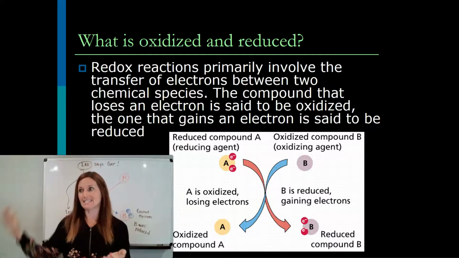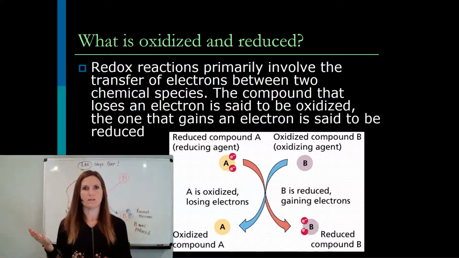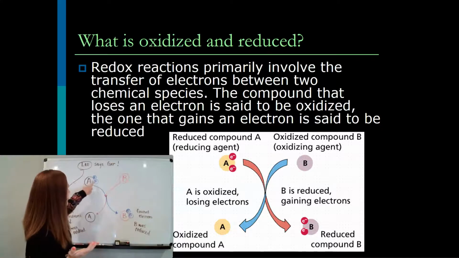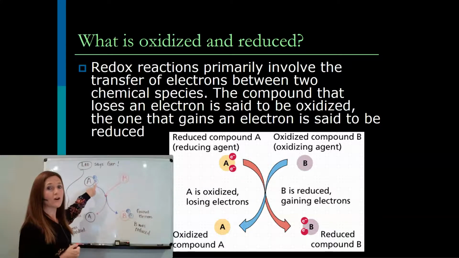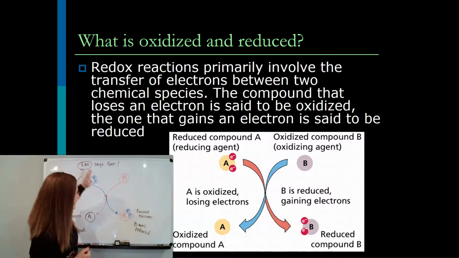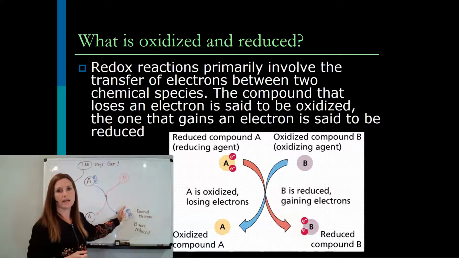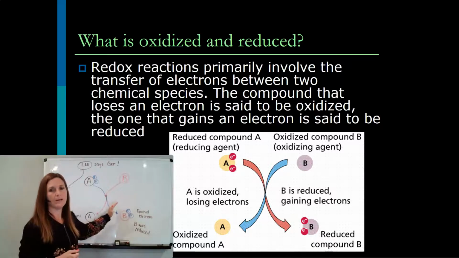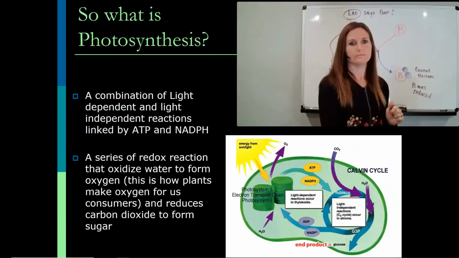And we're going to end with sugar molecules. We're going to steal electrons from water first. That's the very first step of photosynthesis, is to steal electrons from water. And we're going to spend the rest of photosynthesis adding electrons onto carbon dioxide until it becomes sugar.